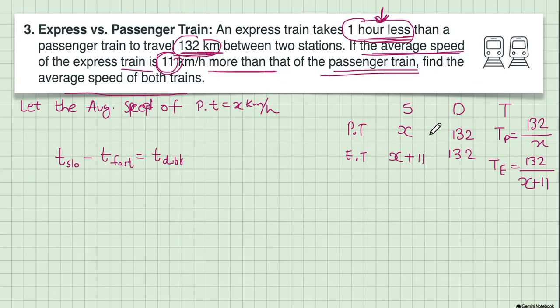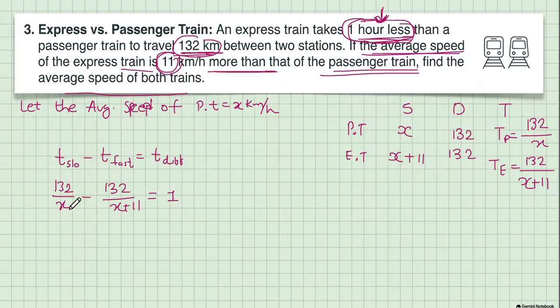Which train is slower? Passenger train. So its time is 132 upon x, minus the time of the express train, 132 upon x plus 11, is equal to the time difference, which is 1 hour.